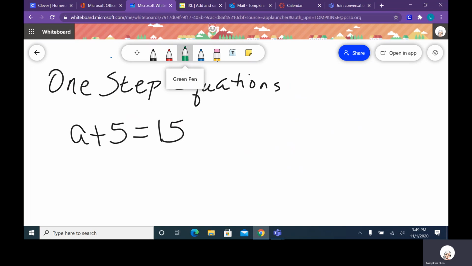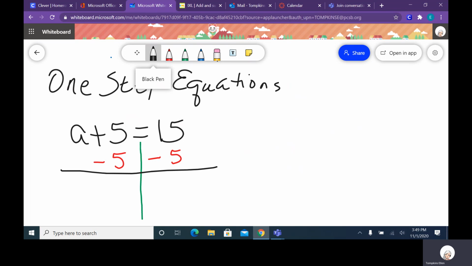Sometimes it helps to draw a little line down from that equal sign and have it be a wall, and you're going to push that other number over the wall. Looking at that a plus 5, it's adding, so we need to subtract. Whatever we do to one side of the wall, we're going to do to the other. We're going to subtract 5, because whatever is hanging out with that variable, that's what we're going to write and rewrite.